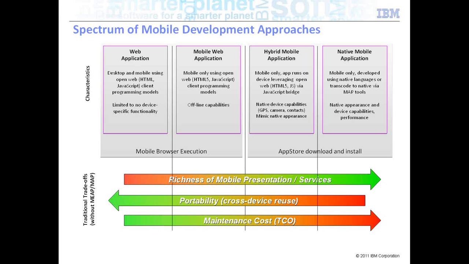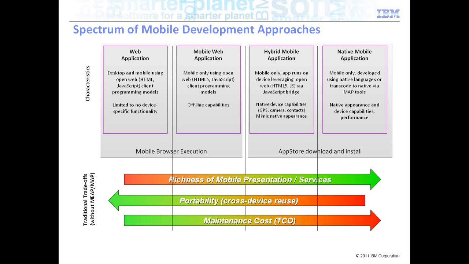And at the same time, if I look at it from a portability perspective, cross-device use and reuse, it decreases as I move from left to right. So I'm at ease if I'm a web application developer. I can serve all my applications through the browser. I need not worry about the different versioning, different OS portability.